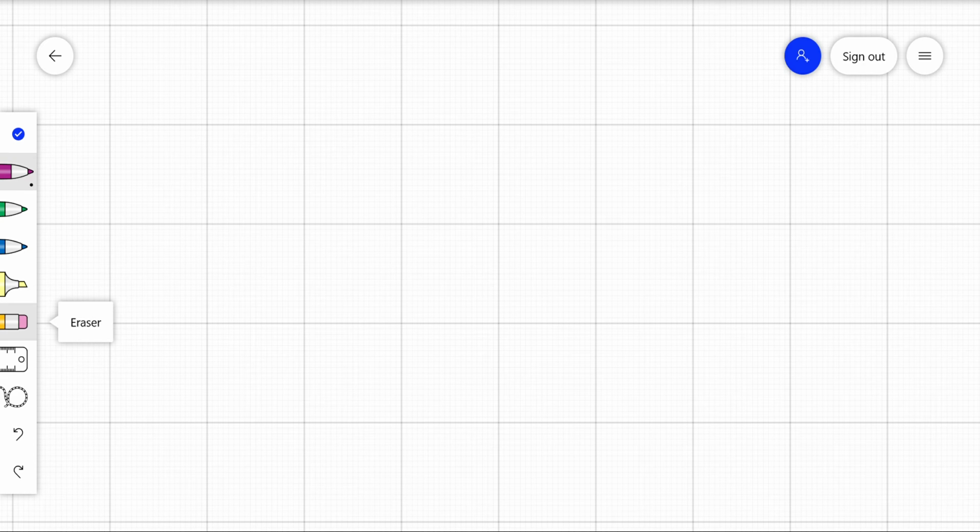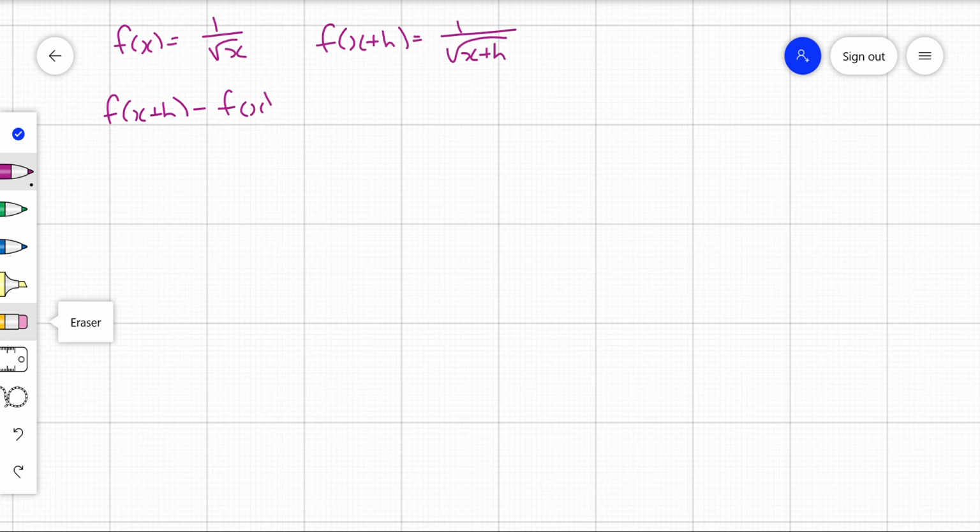So doing the same thing with the next one, I've got f of x is 1 on root x. And f of x plus h then would be 1 on the square root of x plus h. So again, if I just look at the top part, I've got 1 on root x plus h minus 1 on root x.